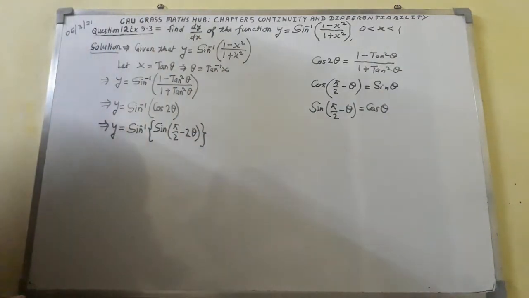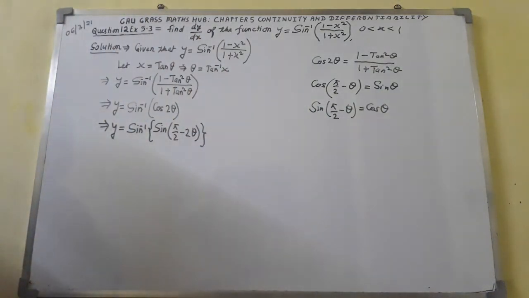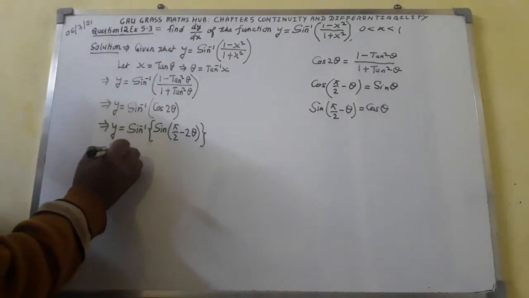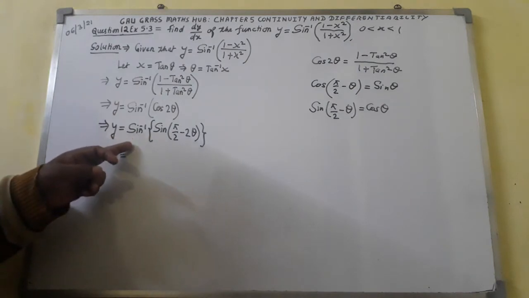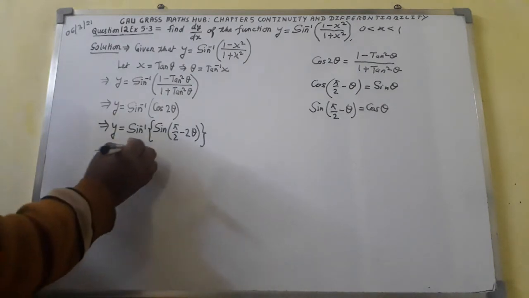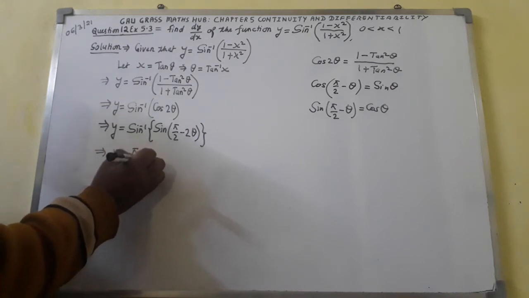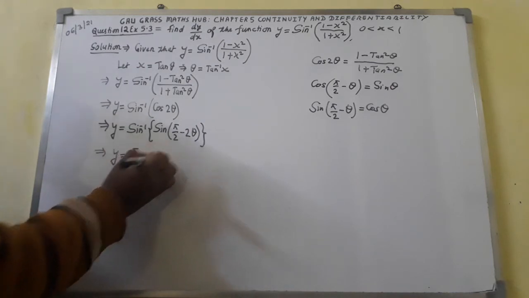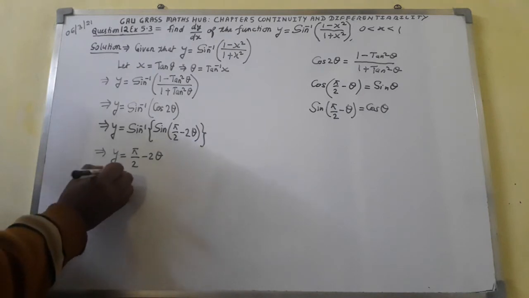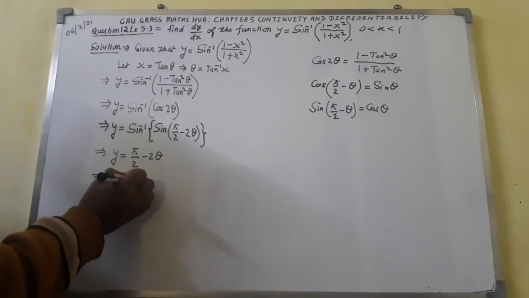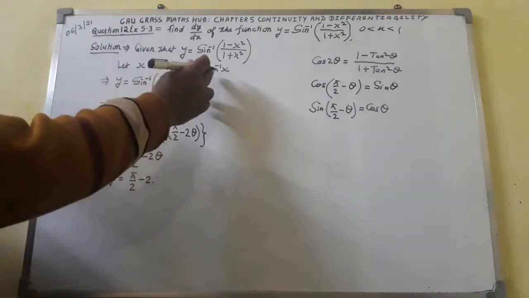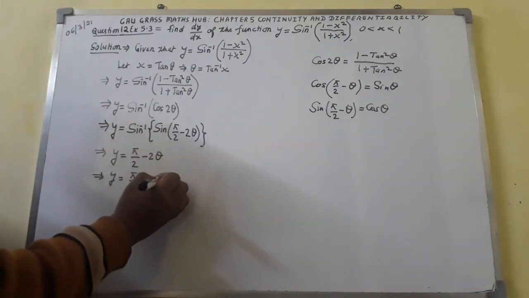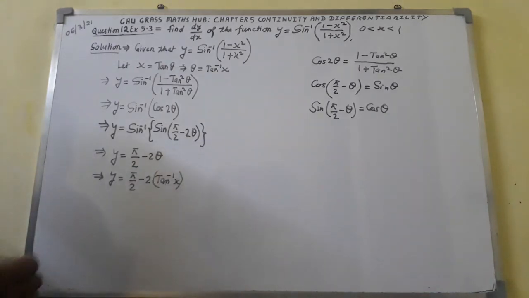So sine inverse and sine both will be cancelled out. Here you will get pi by 2 minus 2 theta, which implies that y is equal to pi by 2 minus 2, in place of theta I shall write tan inverse x. So here write tan inverse x. I have written.